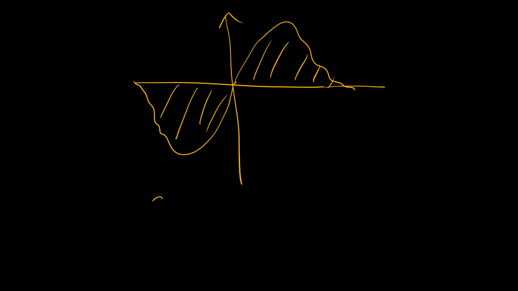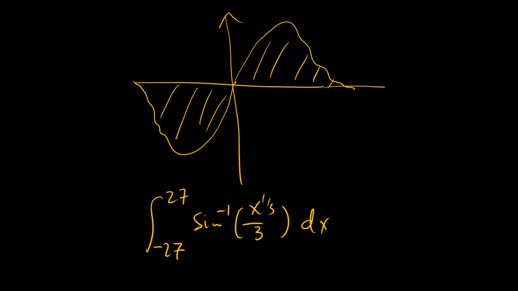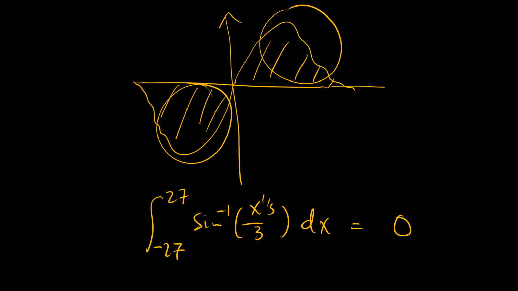So essentially, since we have equal extent in the negative domain as in the positive domain, the integral is just equal to 0, because the area in the positive domain is going to cancel out with the negative area in the negative domain, right?